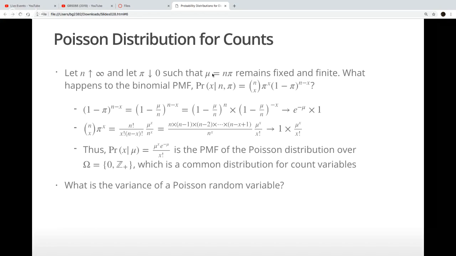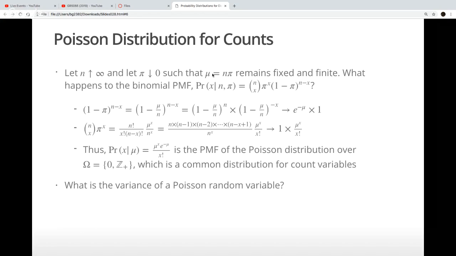Which was n times pi times? Right. So the n times pi we already worked out is mu. And the 1 minus pi, as pi goes to 0, is 1, and mu times 1 is mu.